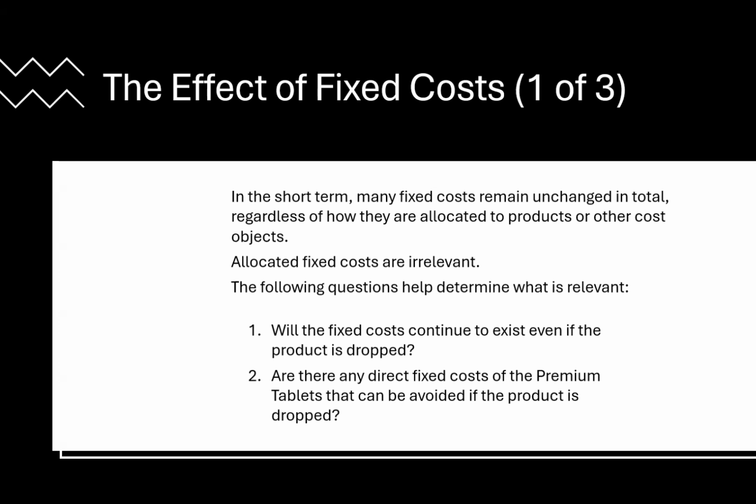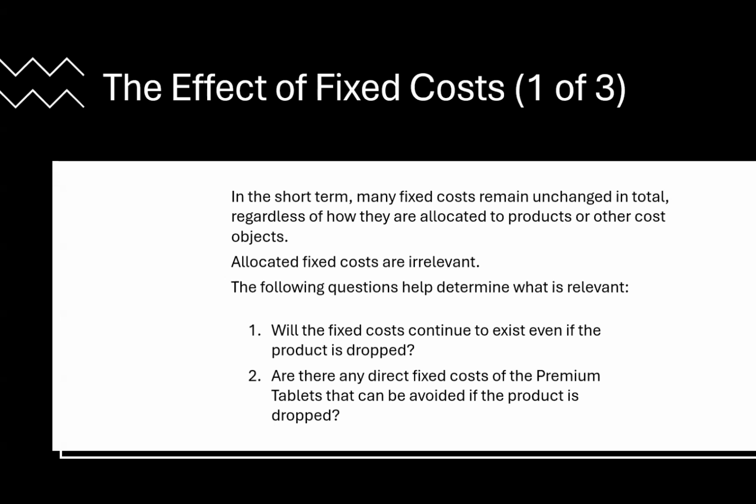Smart Touch Learning could allocate fixed costs in many different ways, and each way will allocate a different amount of fixed costs to each product. For example, fixed costs could be allocated using a traditional method with direct labor hours as the allocation base, by using activity-based costing, or by using some other method.